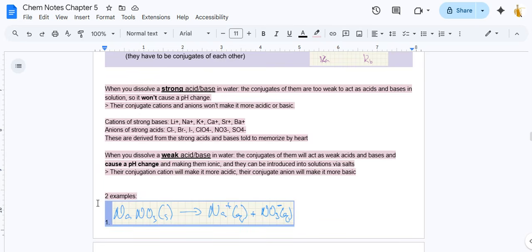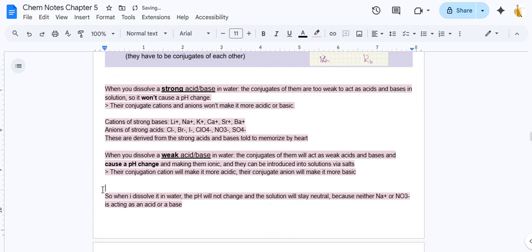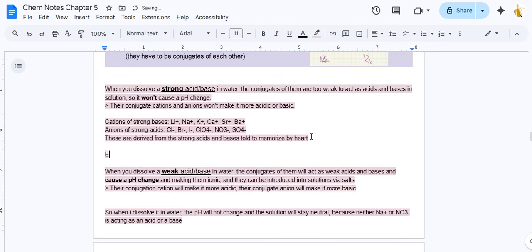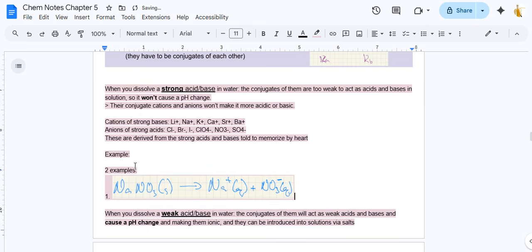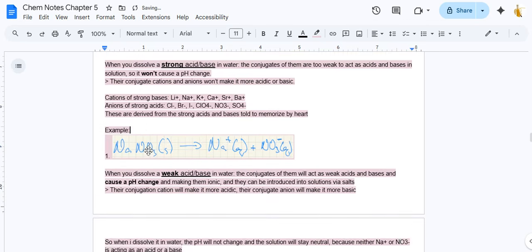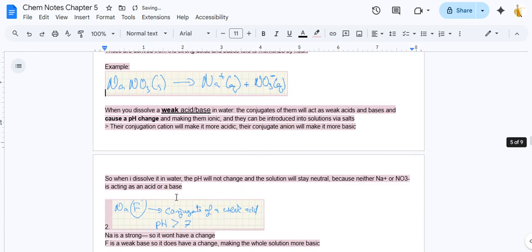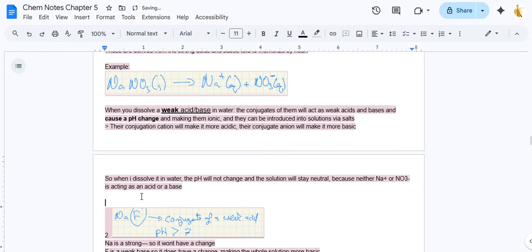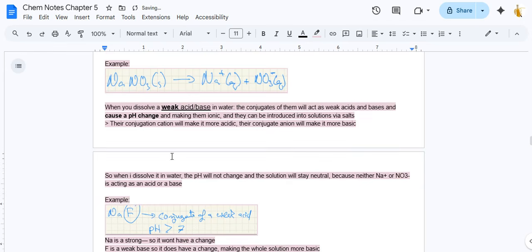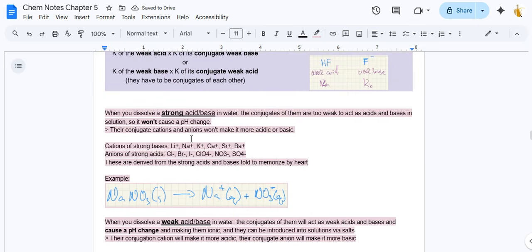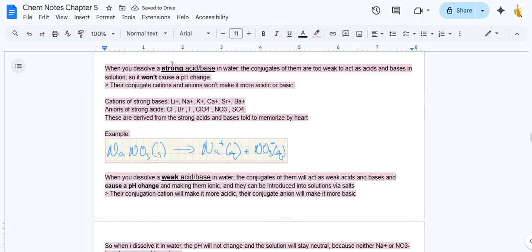I should have organized this a different way. So this is an example of a strong acid and water.